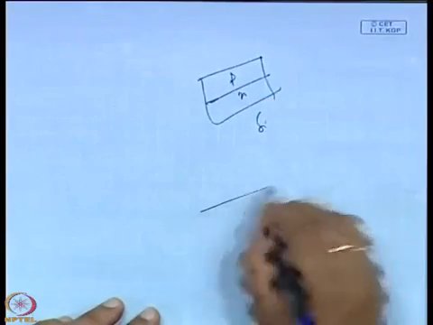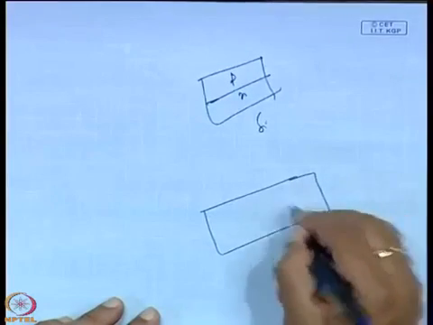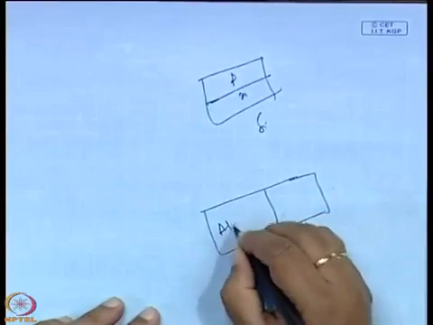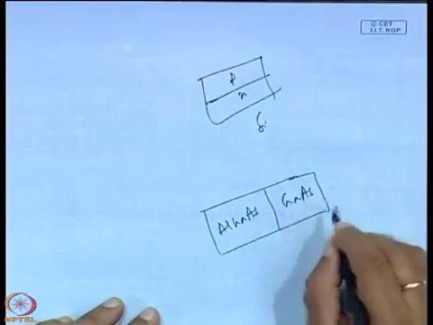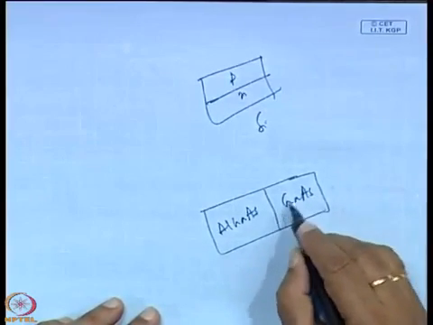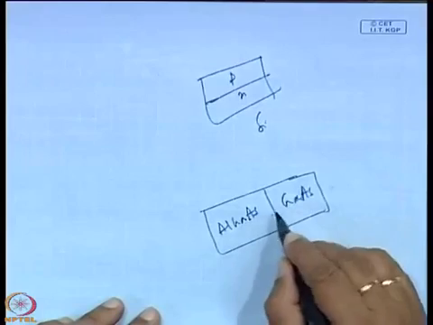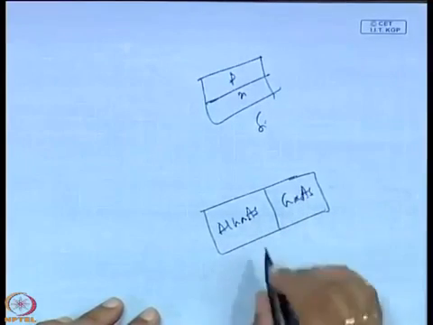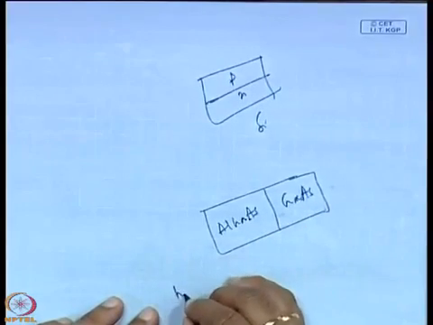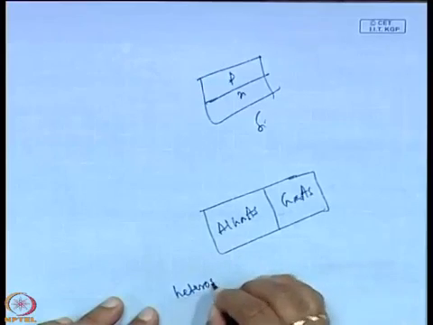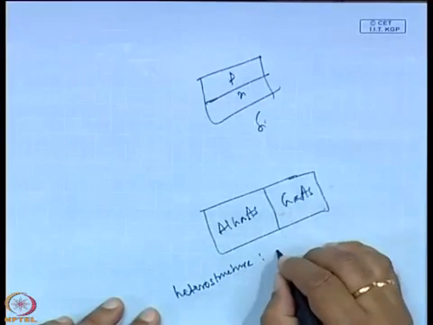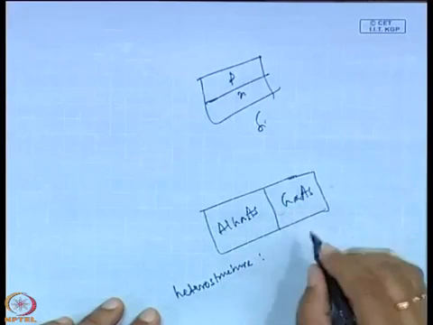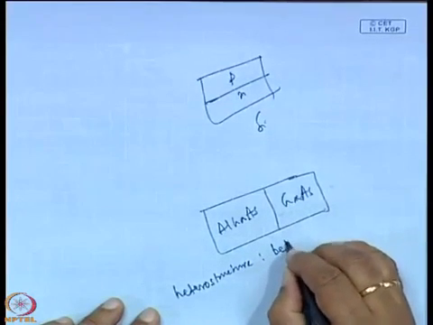But if we consider the all-GaAs system, where aluminum gallium arsenide is made on gallium arsenide, then it is a heterostructure, because it is a junction between two dissimilar semiconductors. So, a heterostructure is nothing but a structure or junction between two dissimilar semiconductors.